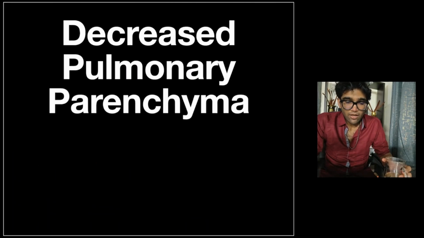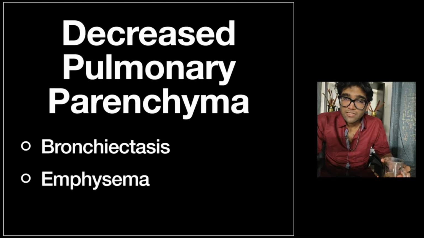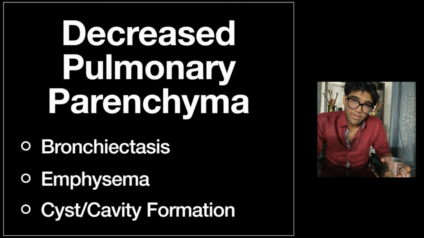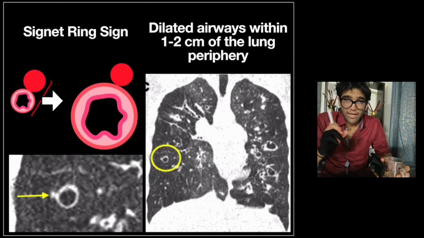Now, decreased pulmonary parenchyma may be the result of three structural abnormalities. That may be bronchiectasis, or irreversible dilatation of proximal airways. It may be emphysema. It might be cyst formation or cavity formation. In case of bronchiectasis, the bronchiolar lumen dilates irreversibly. As a result, the diameter of the bronchiole in relation to the accompanying branch of the pulmonary artery becomes enlarged.